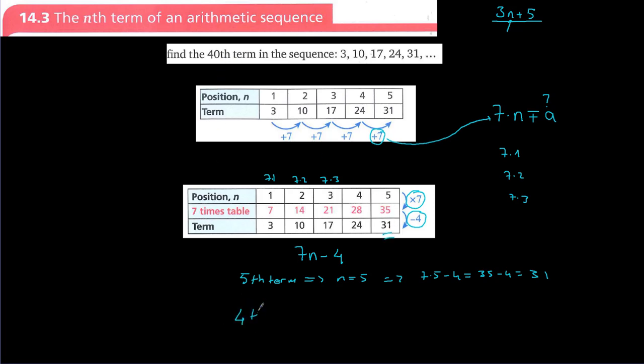So for the 40th term, n is equal to 40, which means 7 times 40 minus 4, that's 280 minus 4, which is equal to 276. That is the answer to the question.